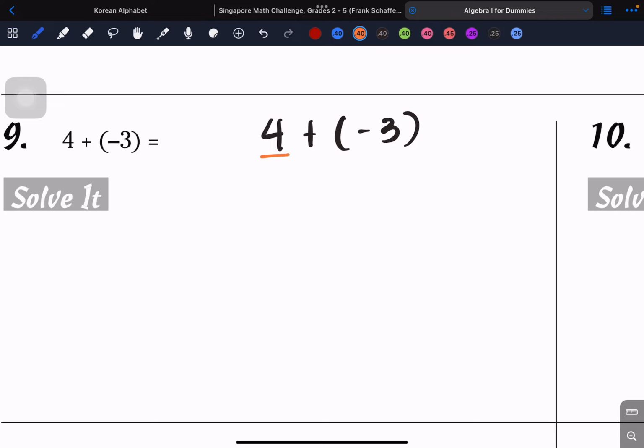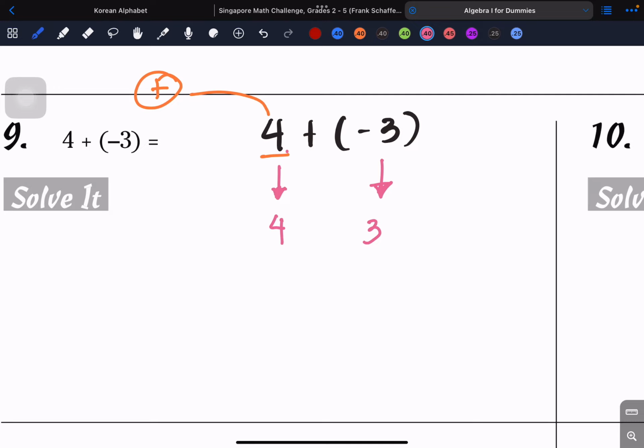Ano ang sign niya? Positive. So, automatic sa final answer natin, positive dapat. And then, you get their absolute values. Absolute value ng 4 ay 4. Absolute value ng negative 3 ay 3.